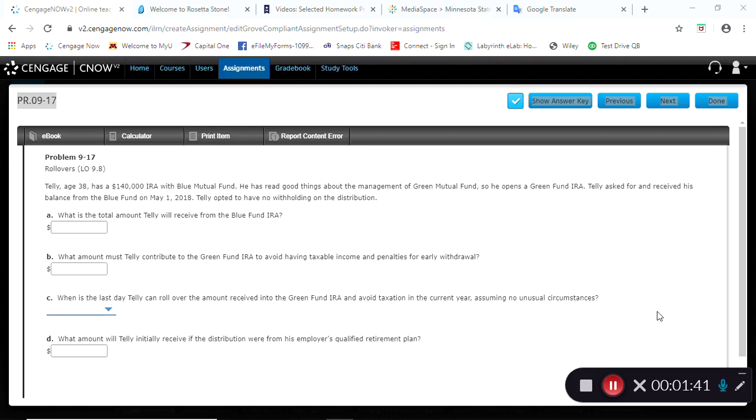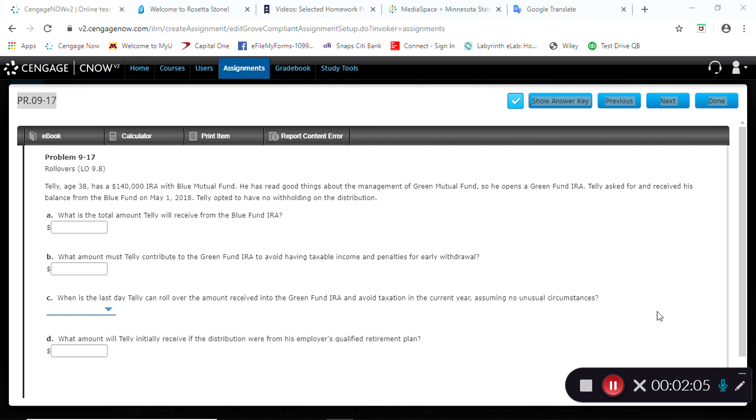He's read good things about the management of Green Mutual Fund. So he opens a Green Fund IRA. So he's wanting to move his money from one IRA to another IRA. Telly asked for and received his balance from the Blue Fund on May 1st, 2018. Telly opted to have no withholding on the distribution.